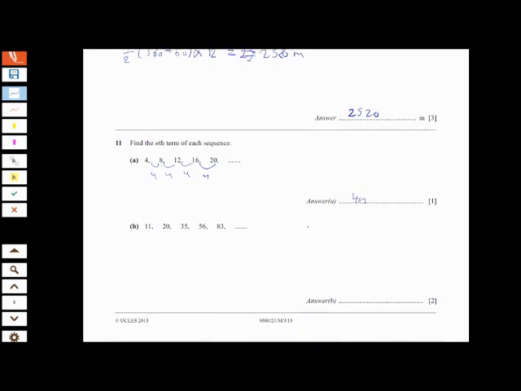For the next one, alright, there's a quadratic one. First difference, 9. So this is 15, 21, and 27. Do that again. It's 6, 6, 6.